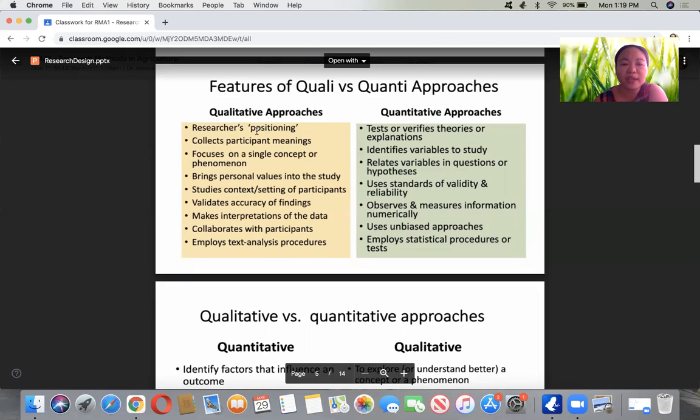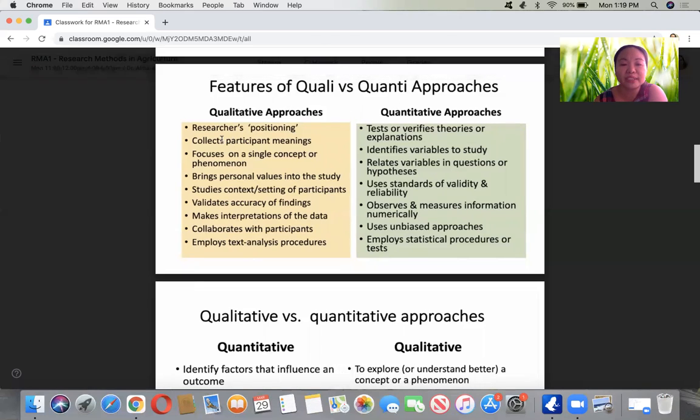For qualitative approaches, the researcher positions themselves, collects participant meanings, focuses on a single concept or phenomenon, brings personal values into the study, studies the context or setting of participants, validates accuracy of findings, makes interpretation of the data, collaborates with participants, and employs text analysis procedures.